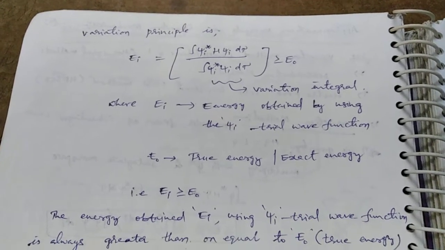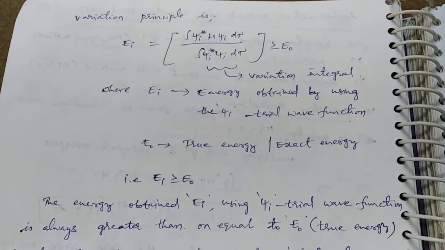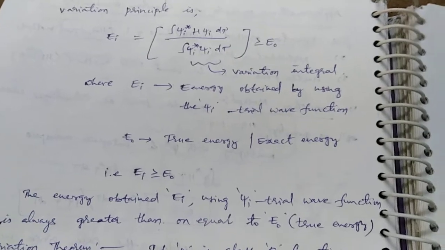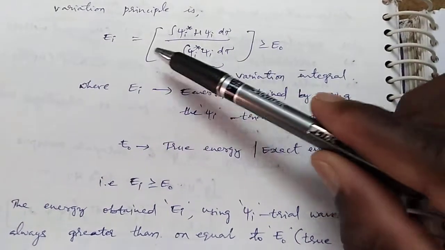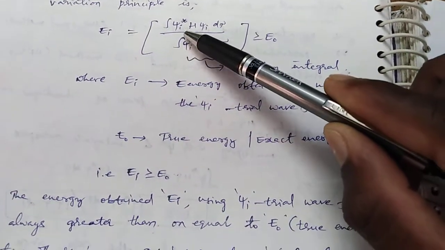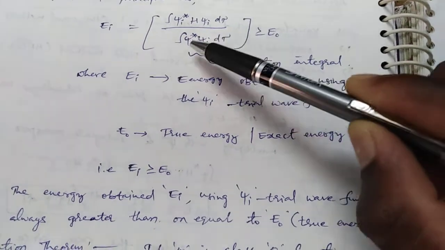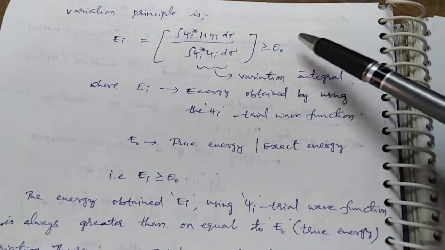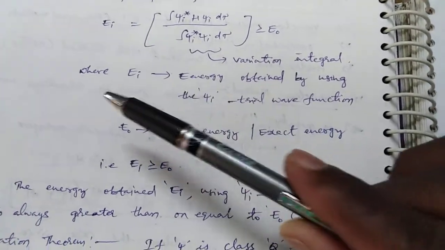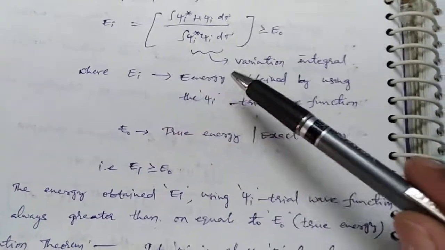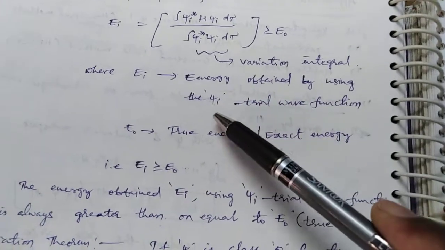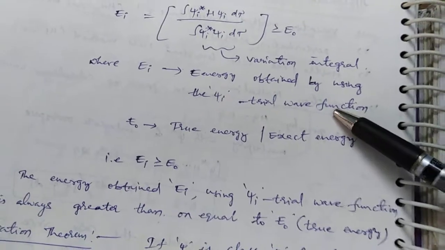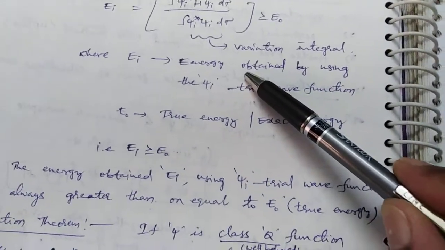Next concept is the variation principle. It is mathematically represented as E is equal to integration of psi star H psi d tau divided by integration of psi star psi d tau, greater than or equal to E naught, where E is the energy obtained by using the wave function psi. It is the trial wave function or guessing function or chosen function from the variation method.